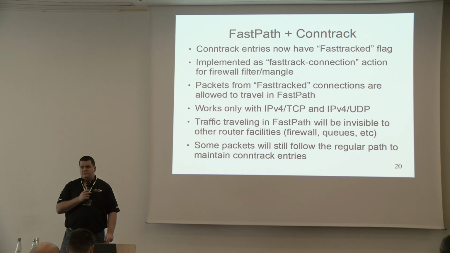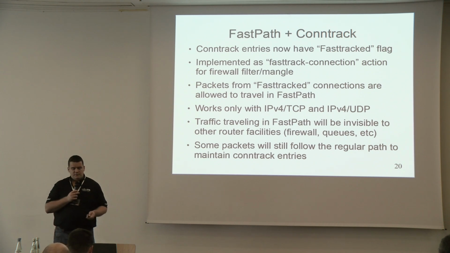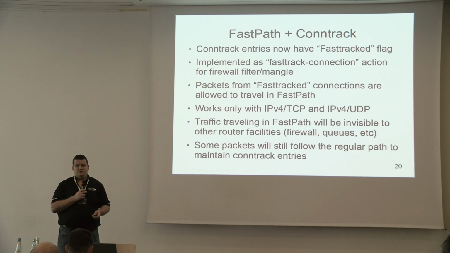All the packets from the Fasttrack connections are allowed to travel in FastPath. That means you can have firewall configuration and FastPath at the same time. So you can have your NAT and FastPath at the same time. This works only for IP version 4 TCP and UDP traffic.